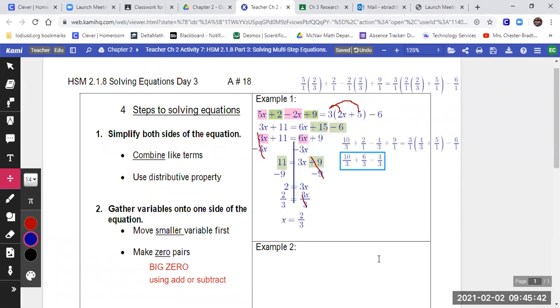I have a plus 9 over 1, but I need it to be something over 3. So if I'm multiplying the 1 times 3, I have to multiply the 9 times 3.